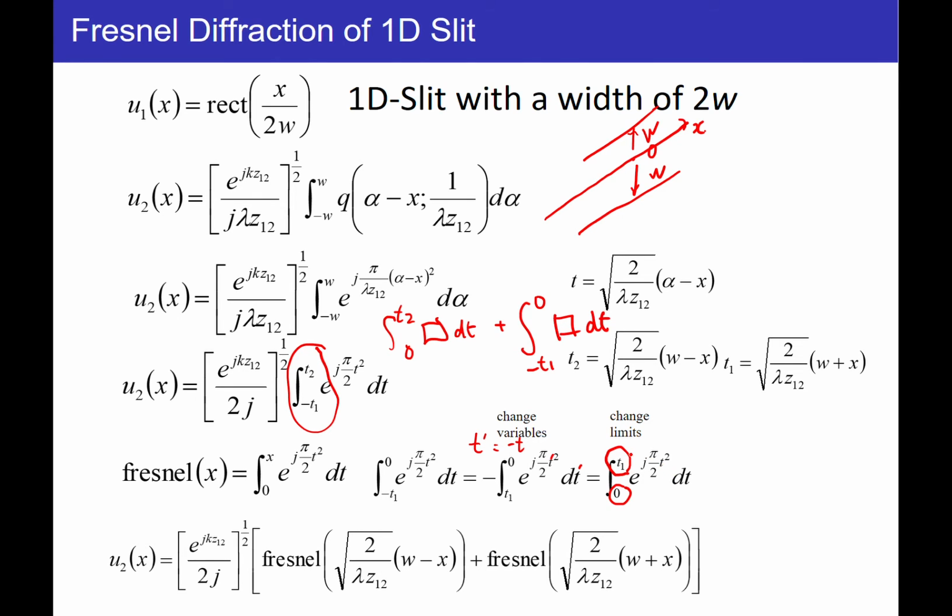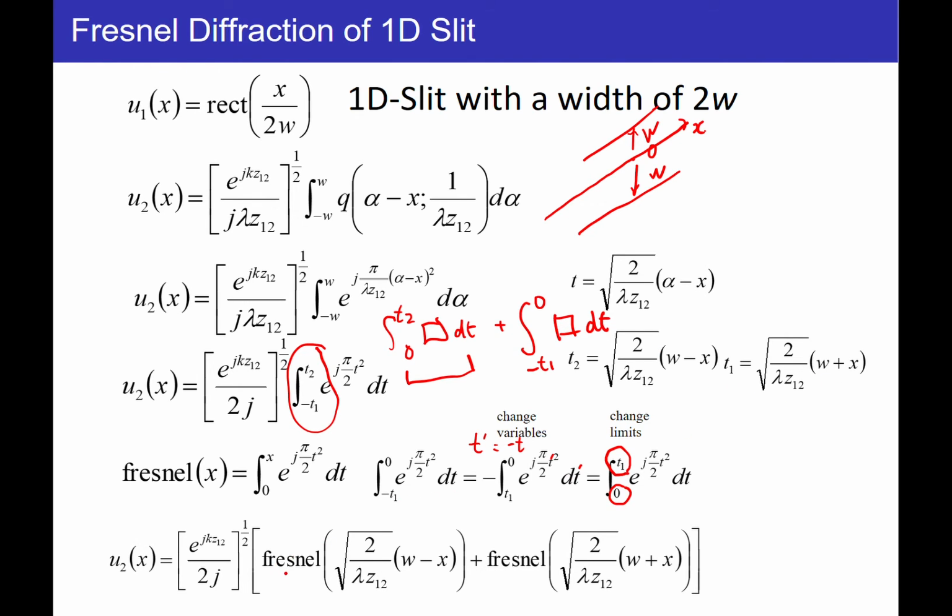So basically what we can say is that this is the 2 integral, and obviously this part is for t2, w minus x, and this part is t1 becomes this one, so that w plus x.